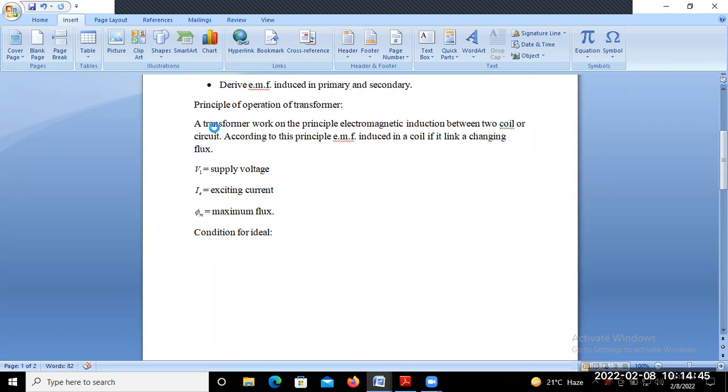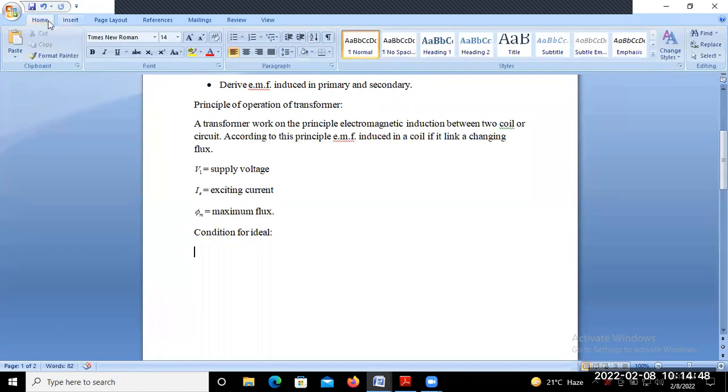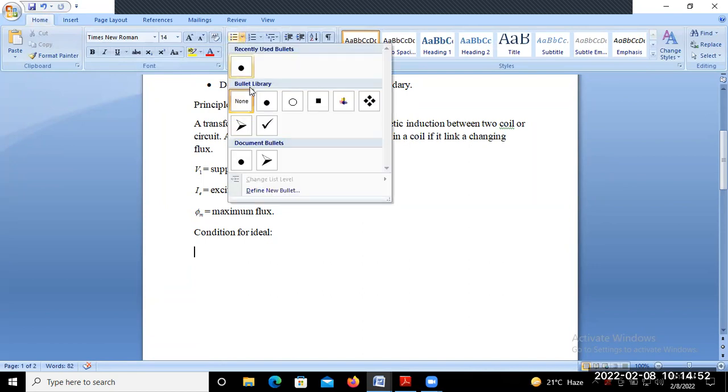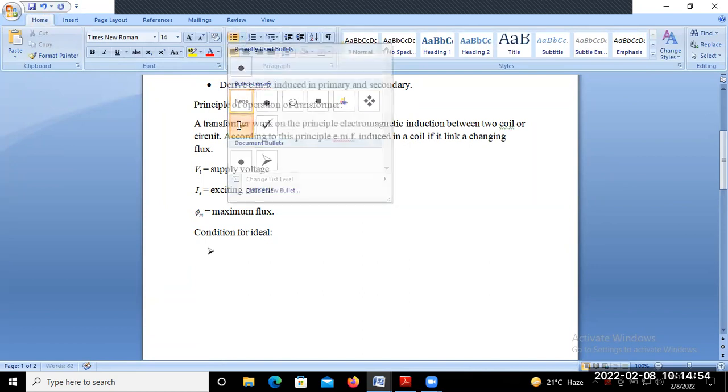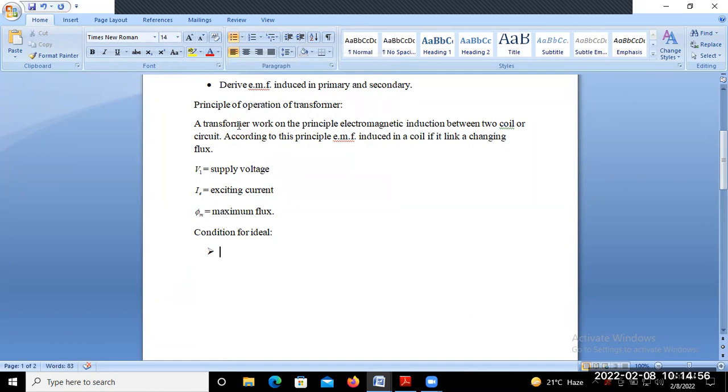Anyone? Sir, there are no losses present. No losses present, yes. Any other things? The excitation current required to produce flux in the core must be 0.